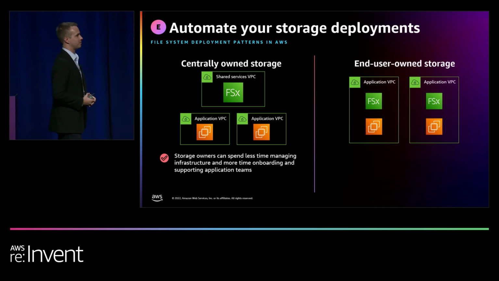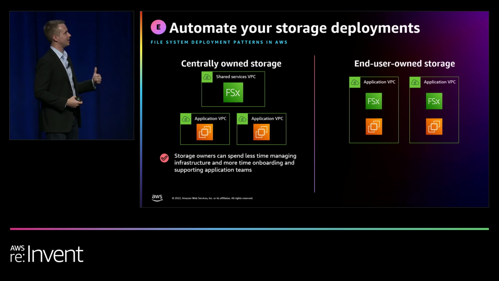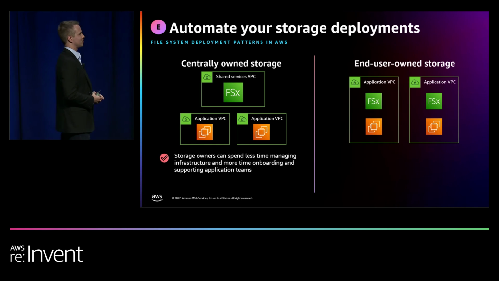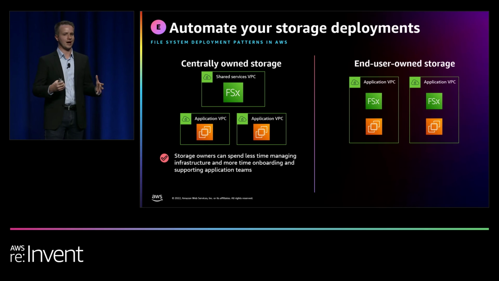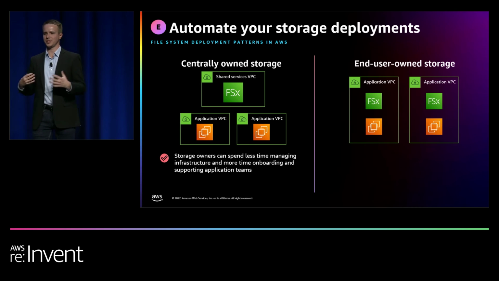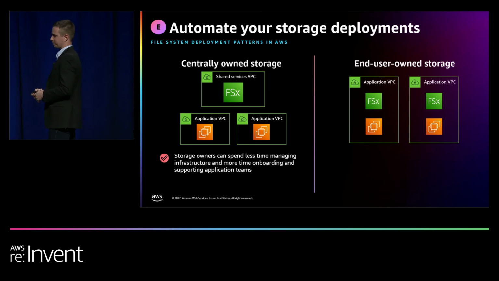The other pattern we see, and this is something that's enabled by all the automation that's possible in the cloud, is an end-user-owned storage model, where each application team actually takes ownership over the storage that they're using.